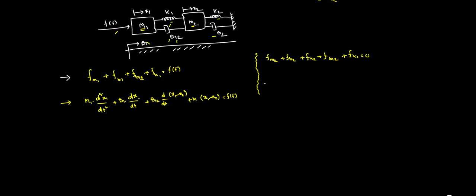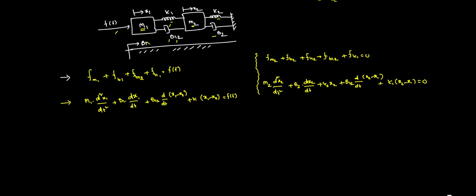These equations can be written as m2 d square x2 by dt square plus b2 dx2 by dt plus k2 x2 plus b12 d by dt of x2 minus x1 plus k1 into x2 minus x1 is equal to 0. That's all, very very simple equations.